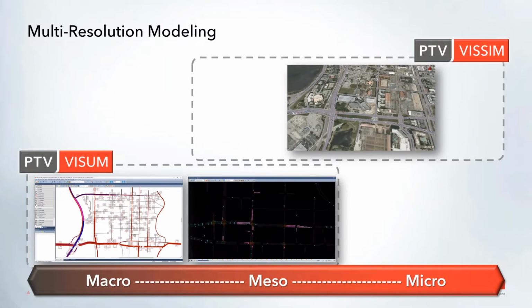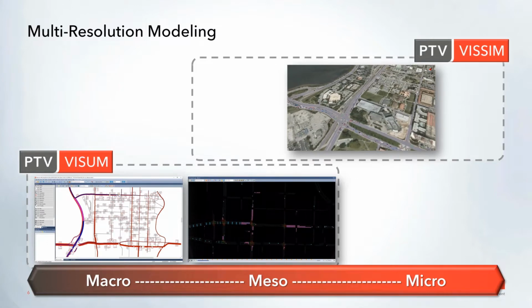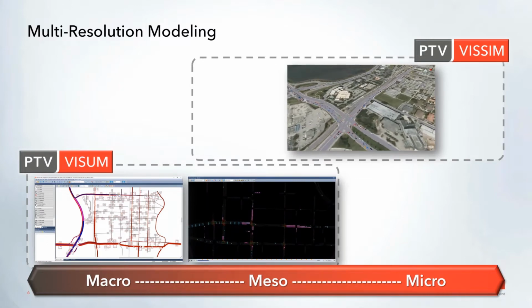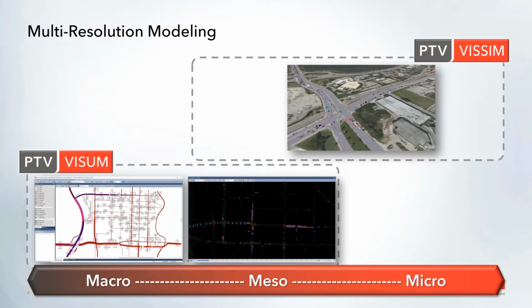As you may know, PTV offers two different types of software that you can use for various levels of resolution in modeling. First of all, Visum serves its original purpose, macro modeling and demand forecasting, which we're going to go through today.